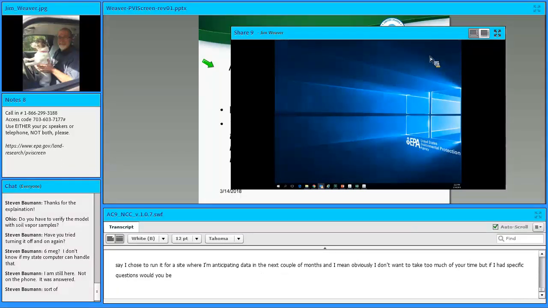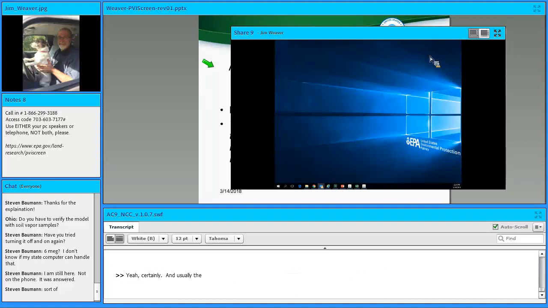Yeah, certainly. And usually the best way to do that is if you generate an input file and maybe it doesn't seem to work right, to send me that input file and I can look through it.